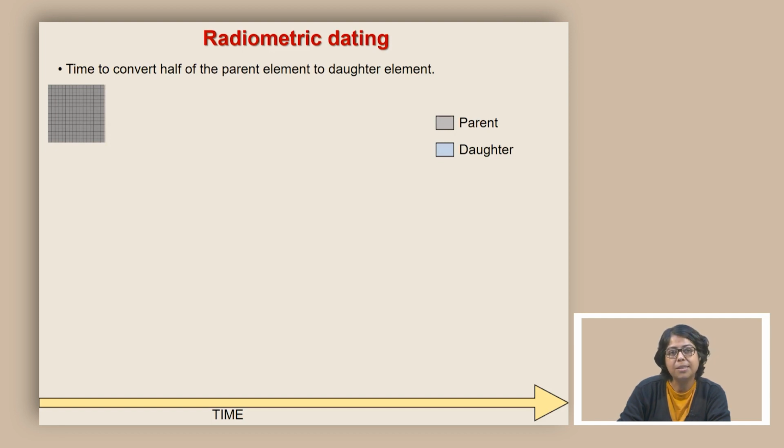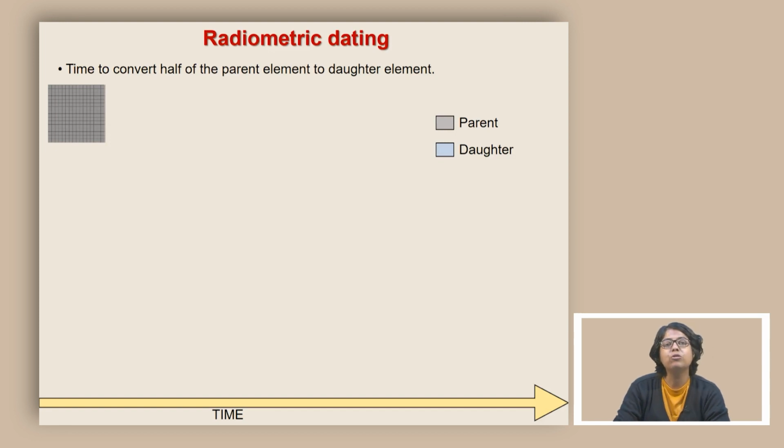For simplicity's sake, we are going to start with systems where the parent element decays, it's unstable, but the daughter element is stable. So we are looking at a process which only has one step of conversion, where the parent element decays and makes it to daughter element.